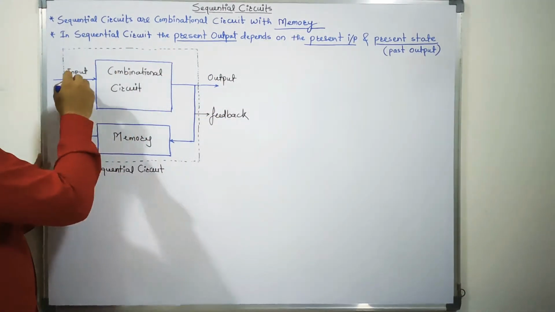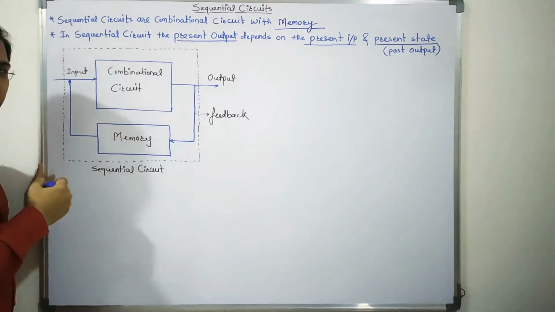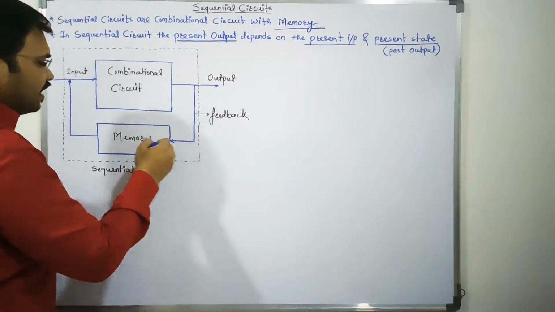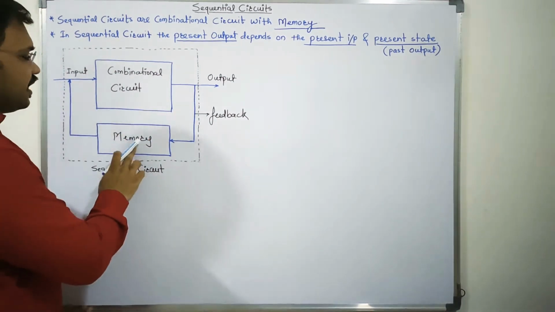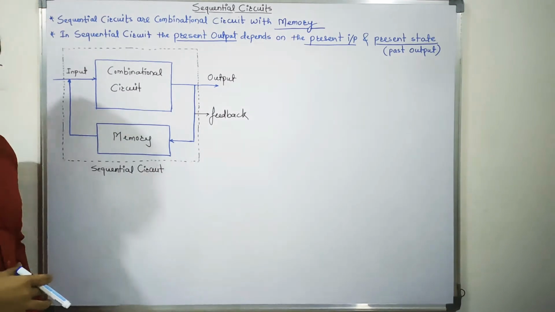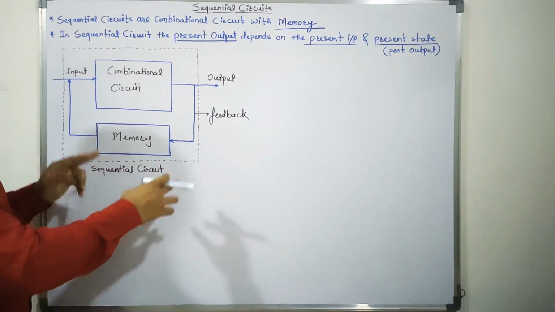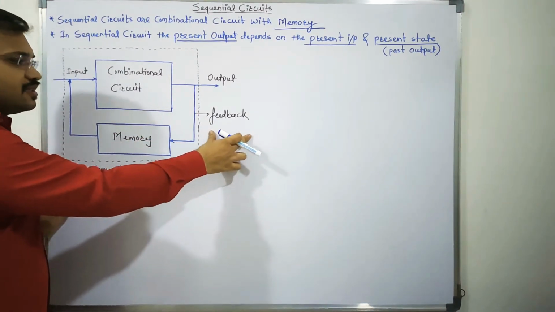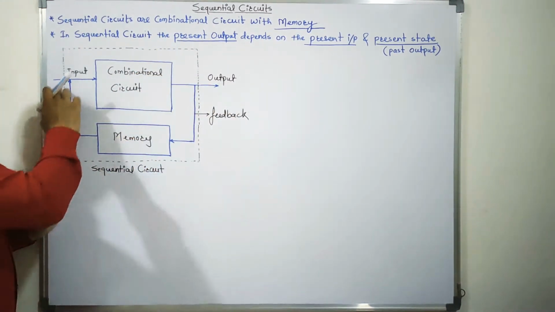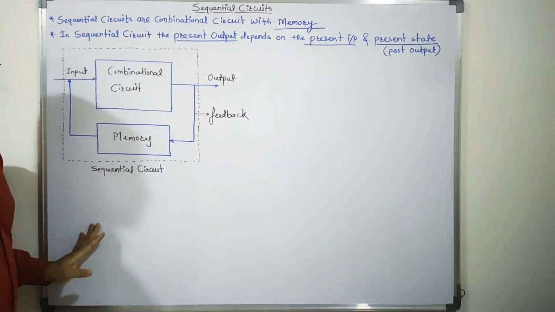With this input and output there is one memory element to store the information, and it comes back to your input by using a feedback system. So this complete assembly is called your sequential circuit.